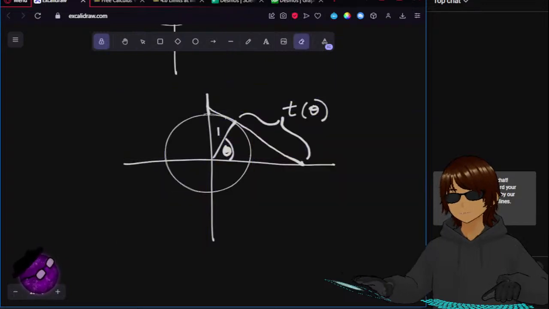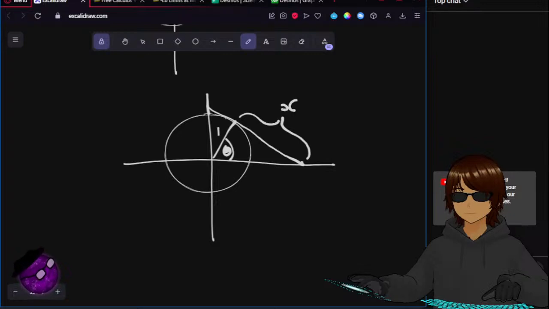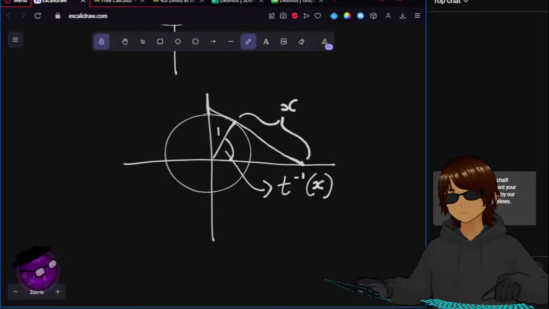Say this is x, and this is the inverse. This here is tan x. And what happens as x gets larger and larger, this will get closer and closer to 90 degrees or pi over 2 radians.